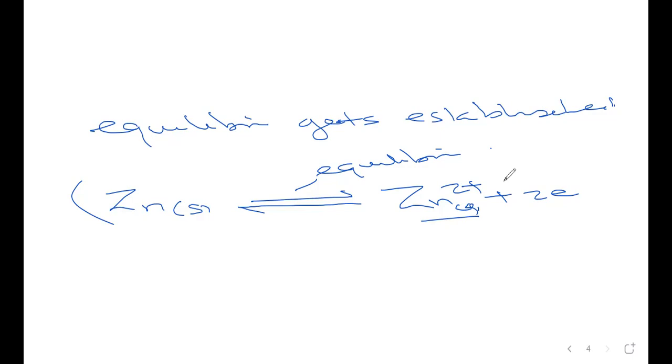Some metals have a greater deposition pressure, others have a greater electrolytic solution pressure. As I've told you, zinc has a greater electrolytic solution pressure, hence a negative electrode potential, whereas copper has a greater deposition pressure, hence a positive electrode potential.